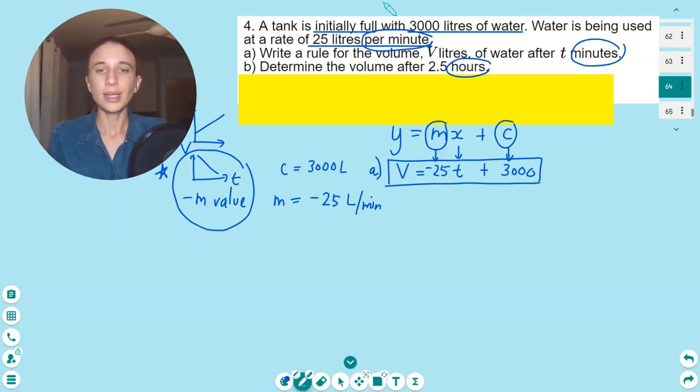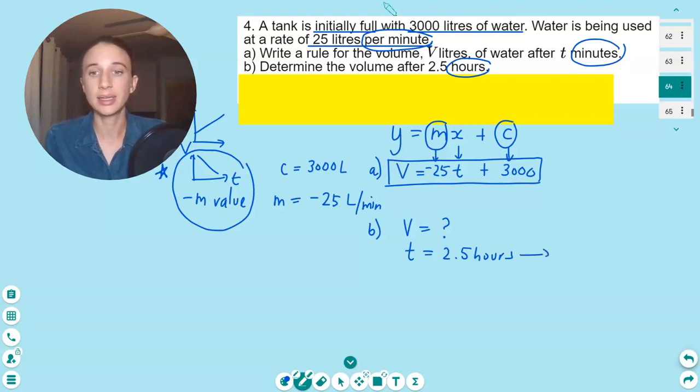So, data table is your best friend. Determine the volume. That means the volume's unknown. After 2.5 hours. Well, hours is time. But I know that my equation is in terms of minutes. So I've got to first convert those hours to minutes, sadly.